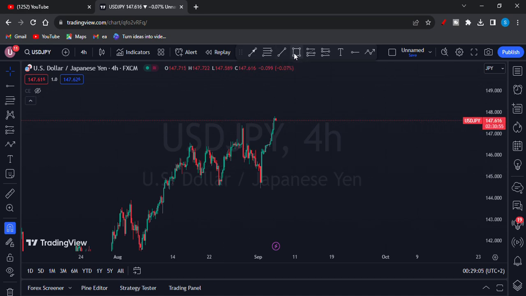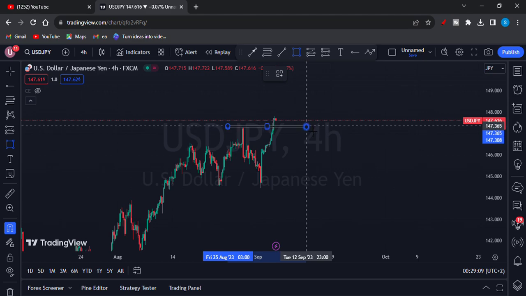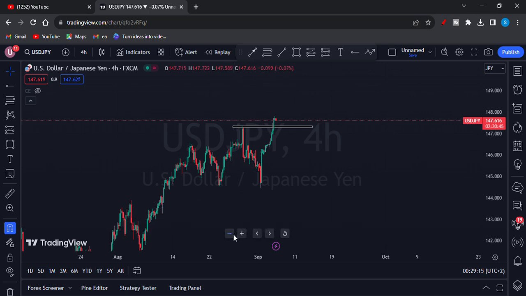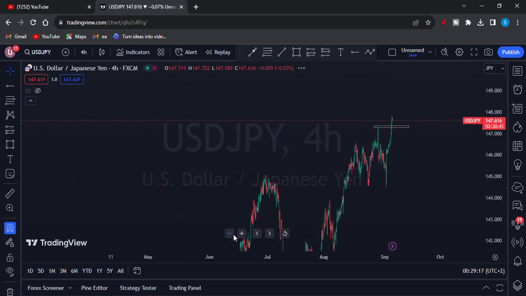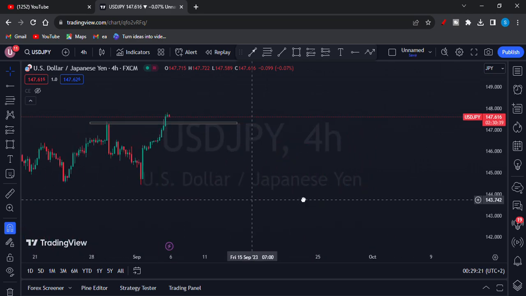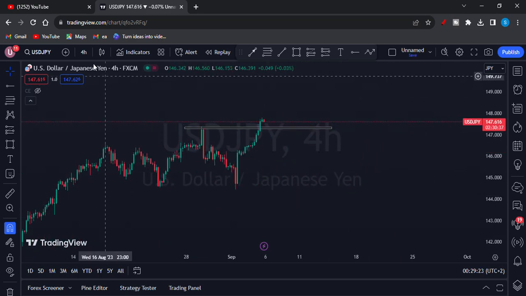So at the moment we have this zone right here. Okay, you may actually see to the left. So let's go to hourly.